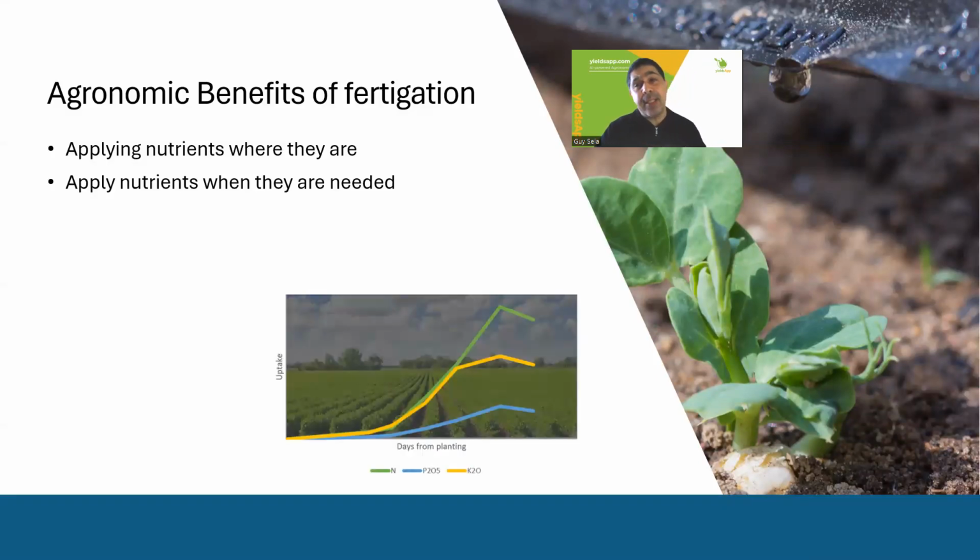And the timing for nutrients is, of course, very important because this gives us the flexibility to apply the nutrients when the crop actually needs them, because the absorption rate, the uptake rate of different nutrients varies throughout the growth of the crop. So the rate is not the same.